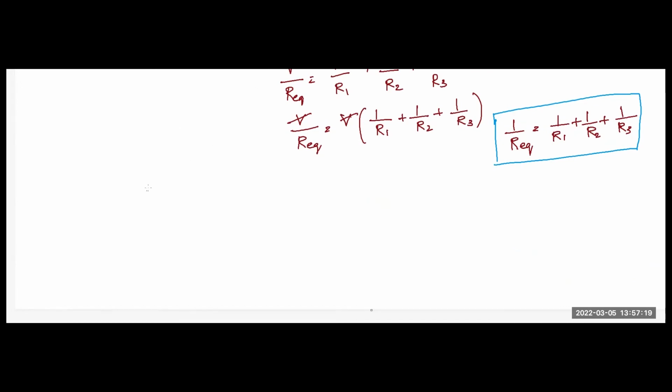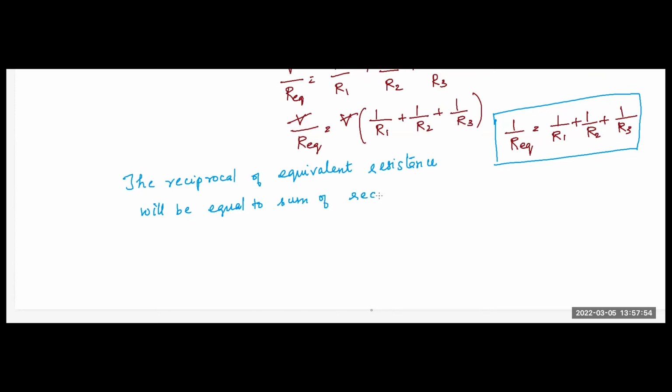So to summarize, in a parallel combination, the reciprocal of the equivalent resistance will be equal to the sum of reciprocals of the individual resistances.